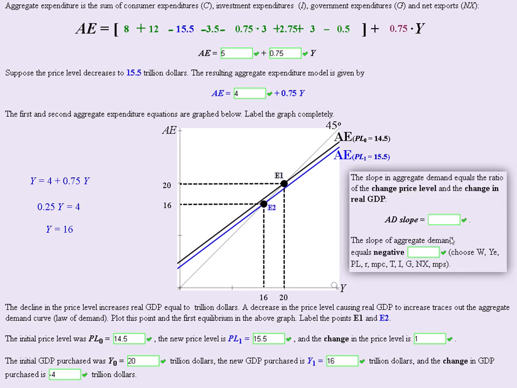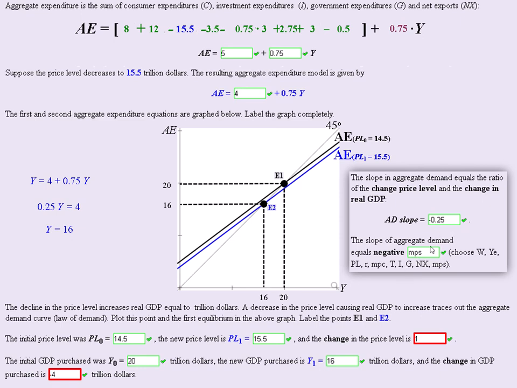So the slope of aggregate demand is the rise over the run, the change in the price level over the change in GDP, which is negative 0.25. The slope of aggregate demand equals the negative MPS, the marginal propensity to save. That's not by coincidence; that's by model.